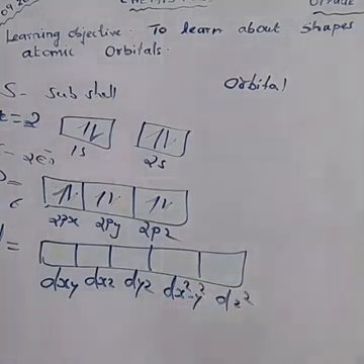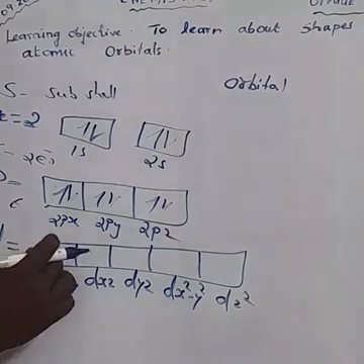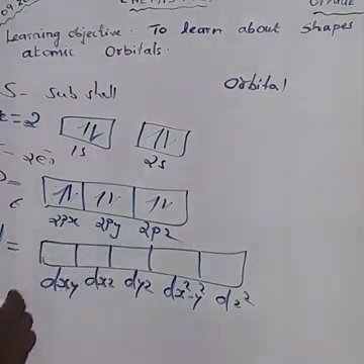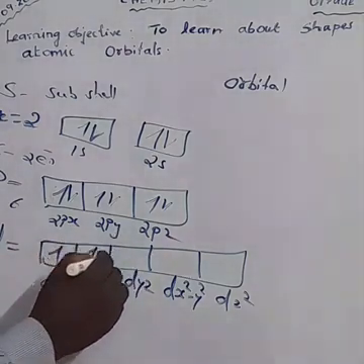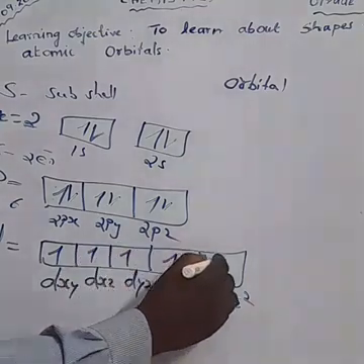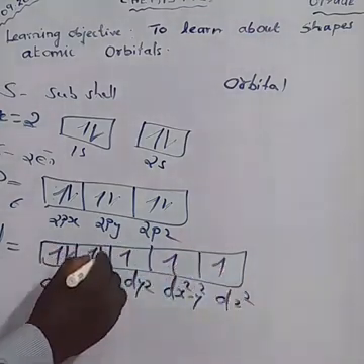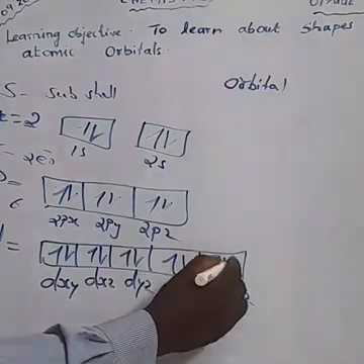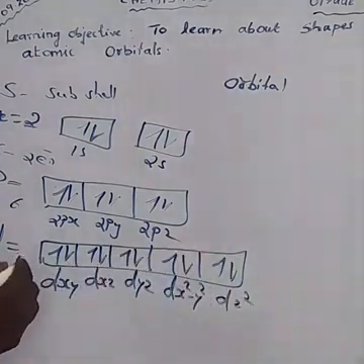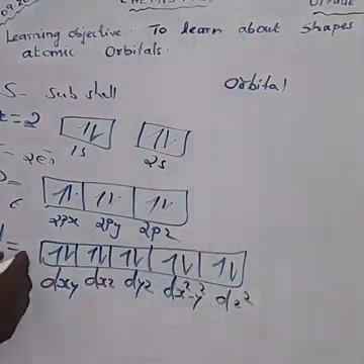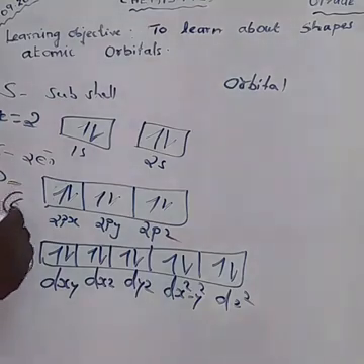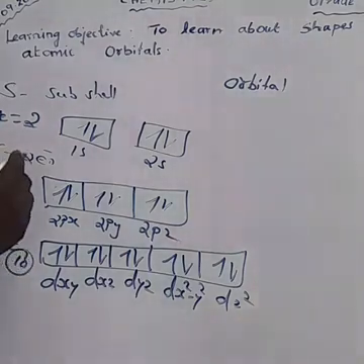These are the 5 orientations here. In each, we can accommodate 2 electrons. 1, 2, 3, 4, 5, 6, 7, 8, 9, 10. The maximum number of electrons we can accommodate is 10. Here the maximum is 6 for p, and the maximum is 2 for s.